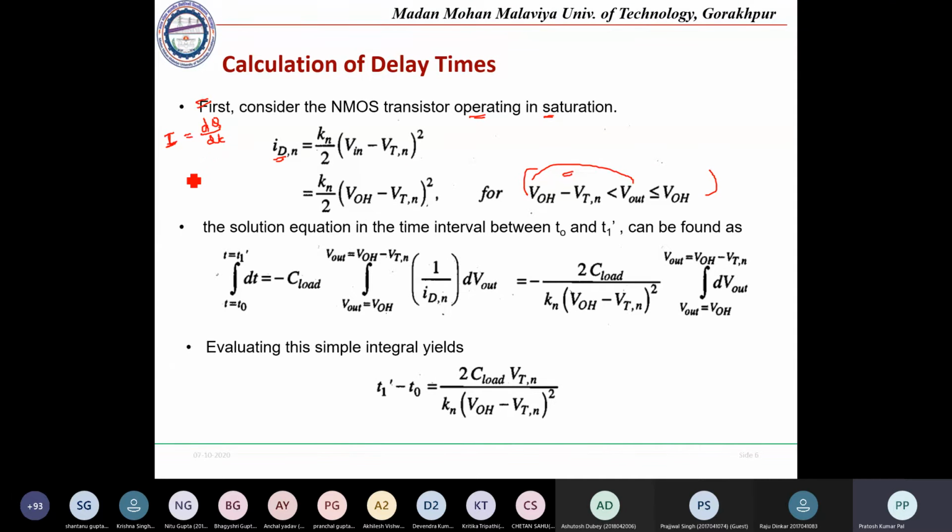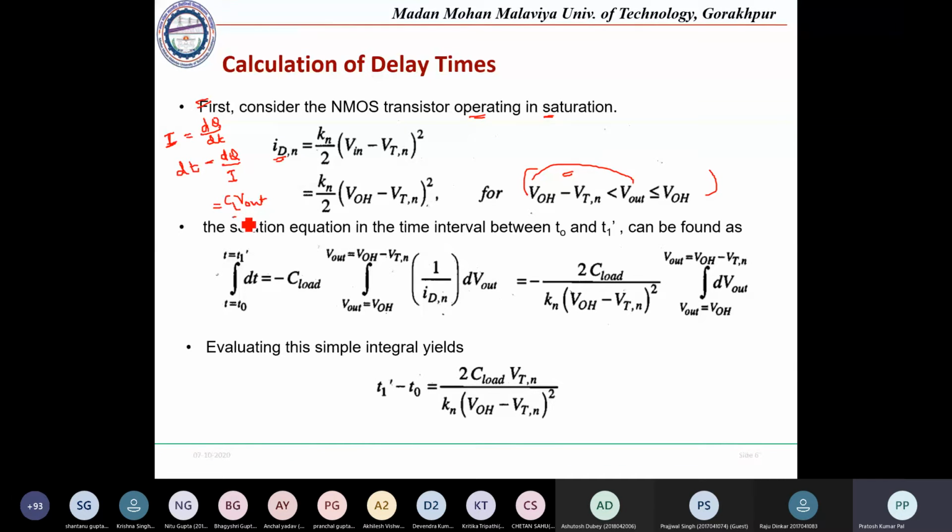We need to change to time, so dt will be dq by I, that is current, and Q will be given by C into V. C will be your load capacitance and V will be your output voltage.